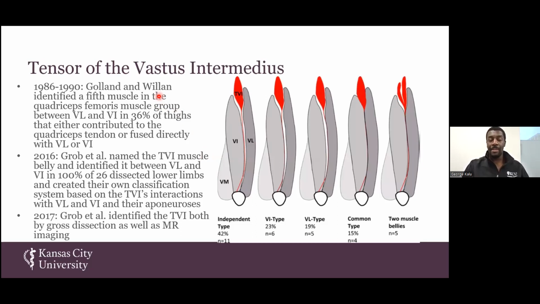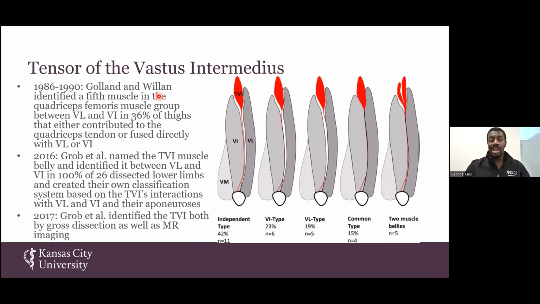The first time it was looked at in depth was in the late 80s and early 90s by a group led by Golland and Willen, where they identified a fifth muscle within the thigh that lay in between vastus lateralis and vastus intermedius. They found it in about 36% of the thighs they looked at, and they also found that it fused with vastus lateralis or intermedius, and it contributed to the quadriceps tendon.